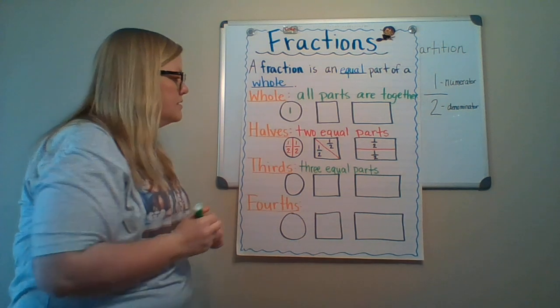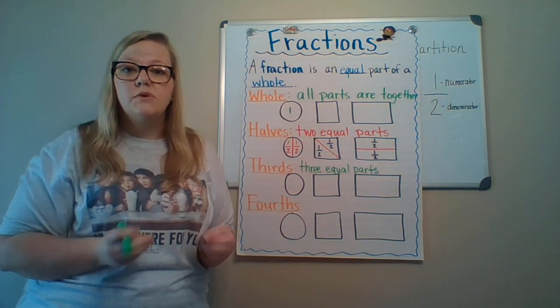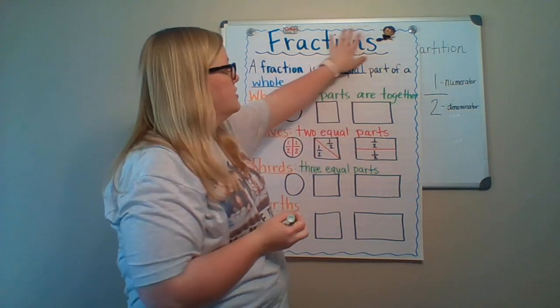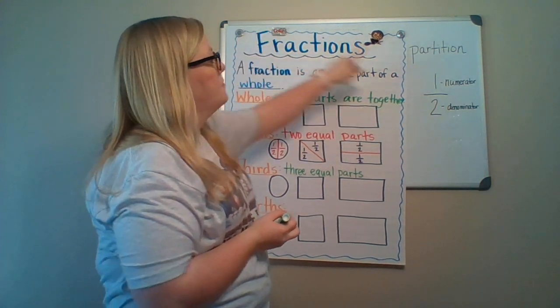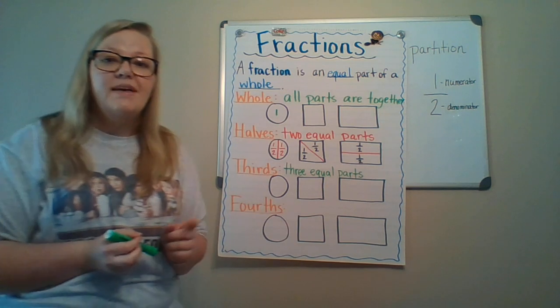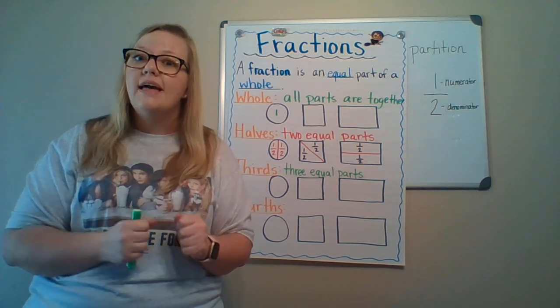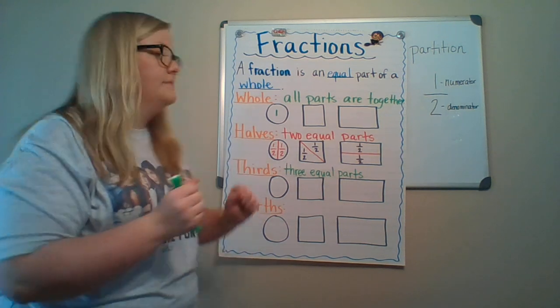So, like I said before, what's most important is that you divide or partition your shape into equal pieces. The pieces have to be equal. If they're not equal, it's not a fraction.